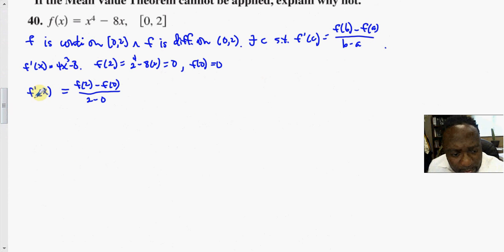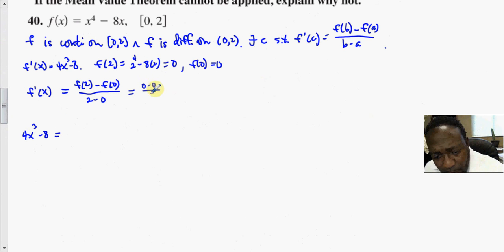Well, this f prime is 4x to the third minus 8. This side over here is 0 minus 0 all over 2, so we get 0. So this is equal to 0. Now we solve for x. We get x to the third is equal to 8 divided by 4, so we get 2.